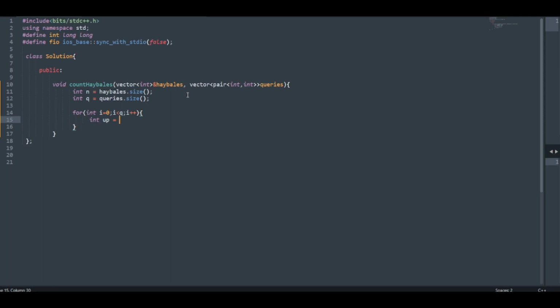First find the starting and ending point for this particular query. So we have queries, and now find the upper bound. Before that, I forgot to sort this Haybales array, so we have to sort this as well.